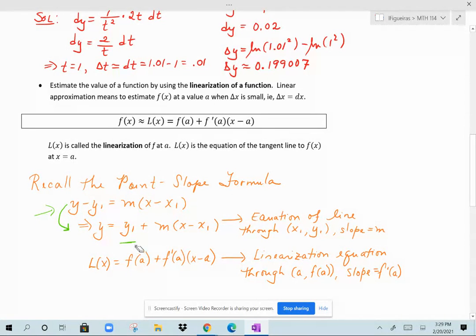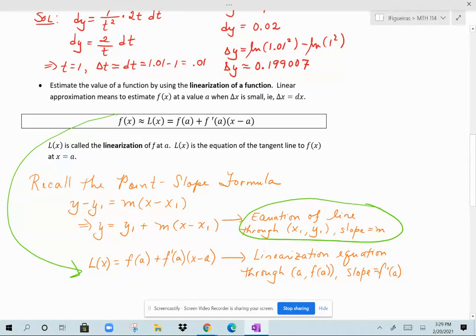So I have y sub 1 plus m times x minus x sub 1. That represents the equation of the line through the point x sub 1, y sub 1 with a slope of m. The linearization formula, which is the one in the box, looks like this: L of x equals f of a plus f prime of a times x minus a.